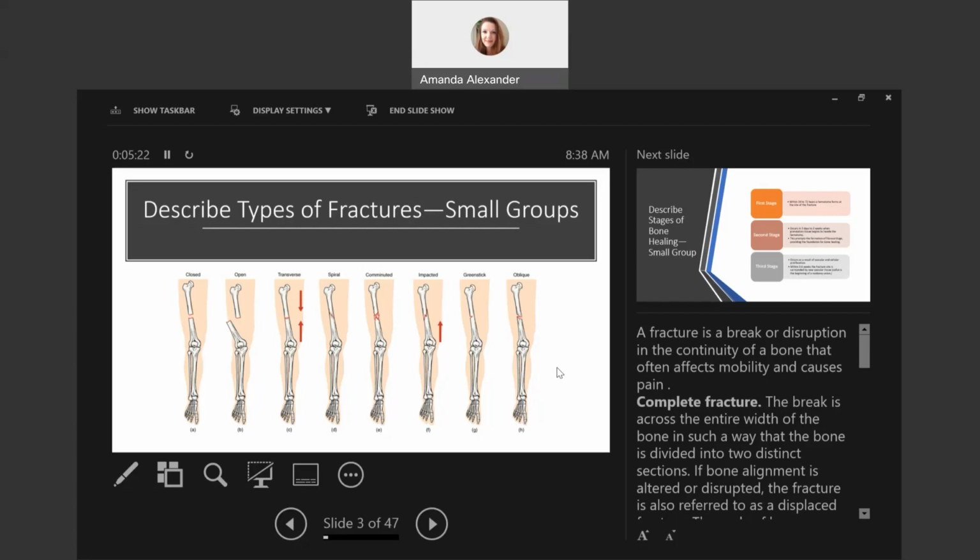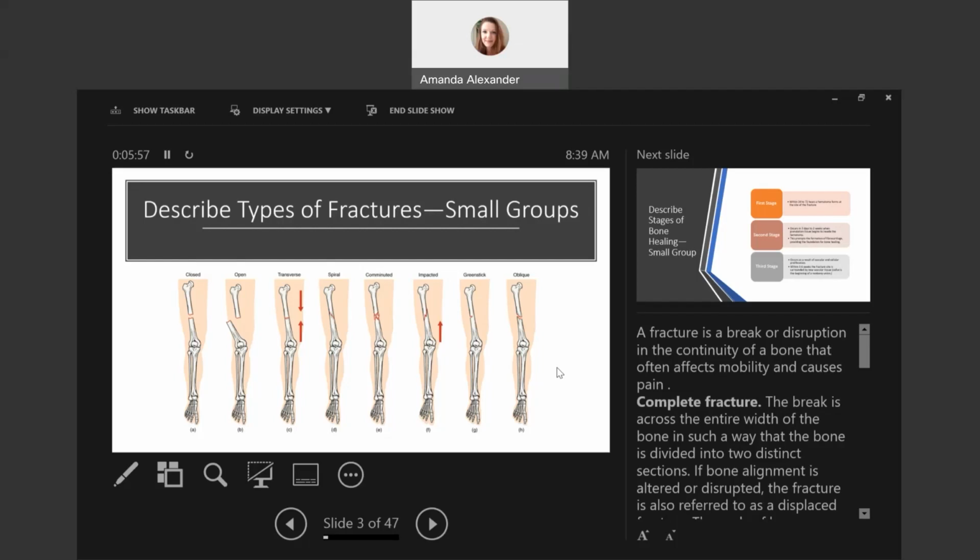An impacted fracture is a part of the fractured bone that is driven into another part. Say, for instance, this patient might be in a motor vehicle accident. If they're one of those people that place their feet on the dashboard, and then on impact, the feet are pushed towards the body, this can happen, and an impacted fracture can be caused to not only the tibia and fibula, but also the hip bone.